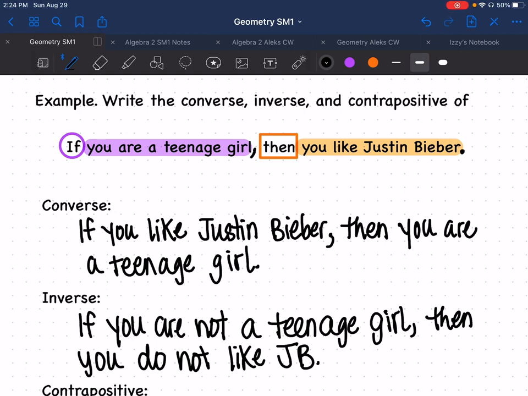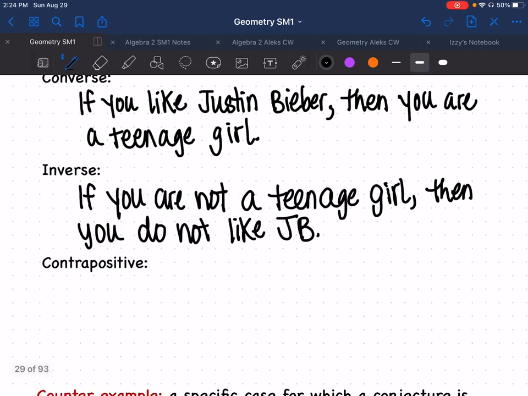The nicer sounding way to say it is, then you do not like Justin Bieber. Okay. And of course, if you would rather write contractions, if you don't like Justin Bieber, then that's fine. If you aren't a teenage girl, that's perfectly fine. Okay. All right, last one, the contrapositive. Let's do both. We're going to switch them and we're going to add not.